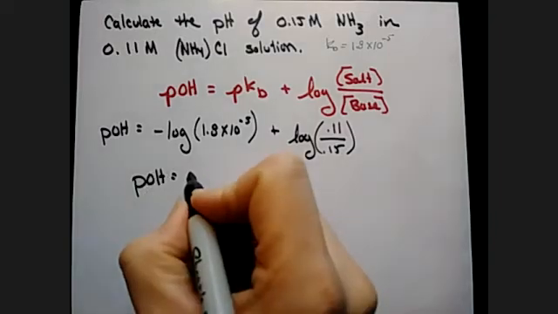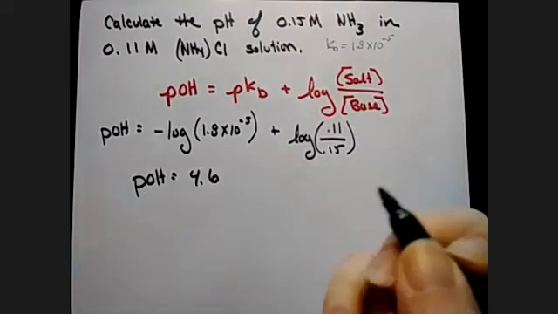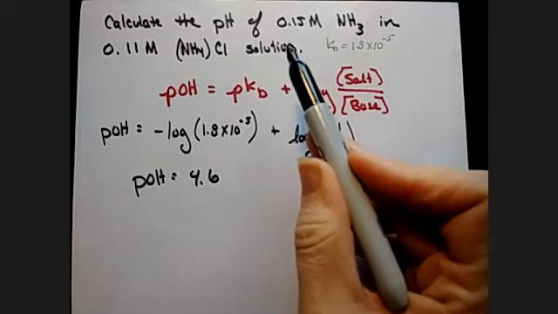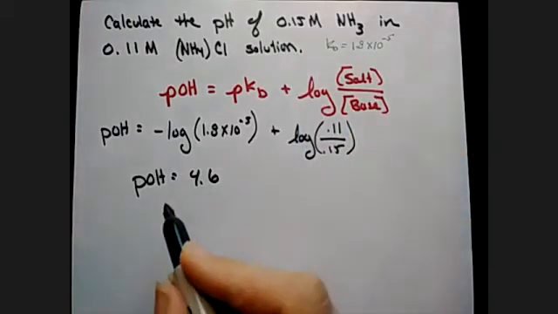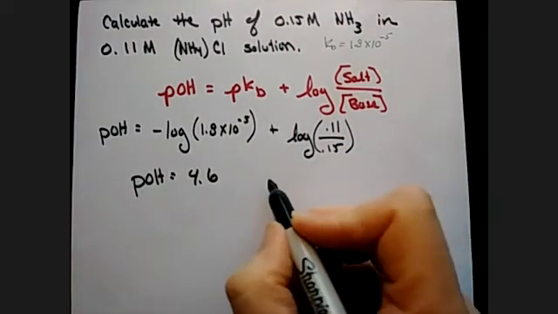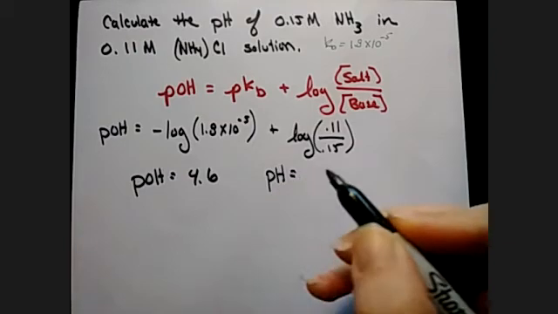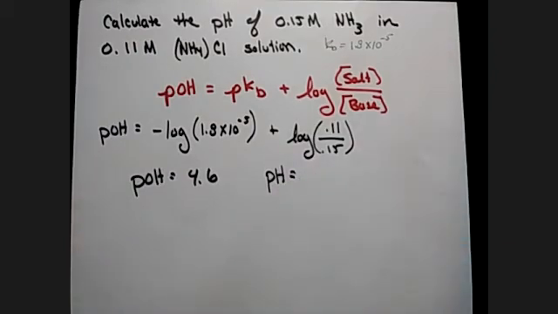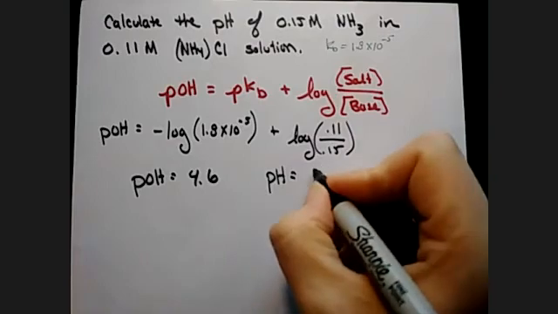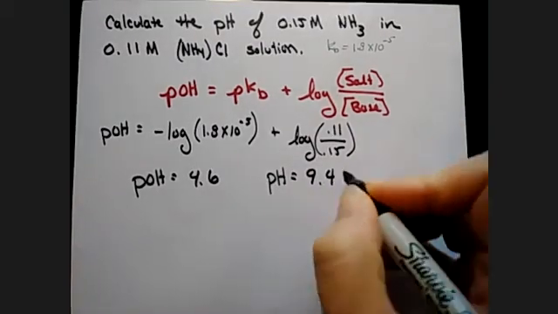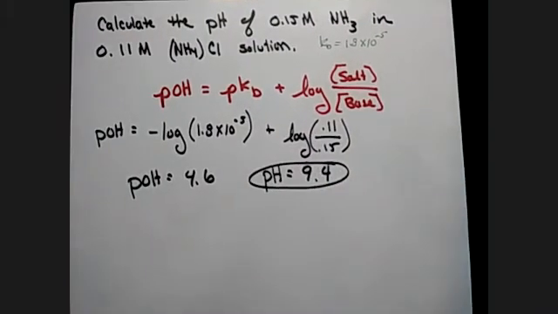All right, I'm getting a pOH of 4.6. Now remember that the question did ask for the pH, so you still need to subtract this from 14 and report that number. So let's see, 14 minus that answer would give me a pH of about 9.4. Now, I really like the Henderson-Hasselbalch equation because, again, it is so plug and chug.